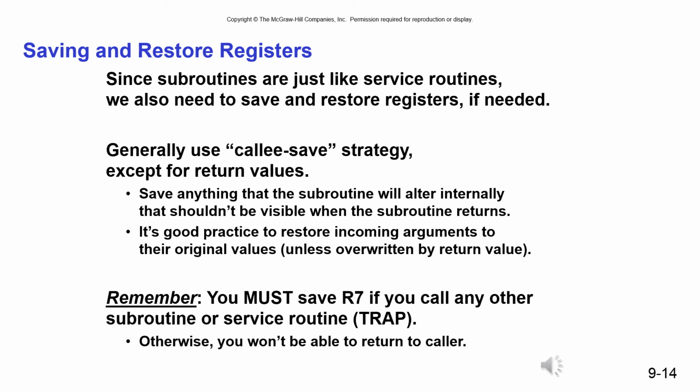And if you call any other subroutine or service routine from within your subroutine, you must save R7, okay? You must save R7 before anything else is called, any other subroutine or trap routine, and then right before the return in your subroutine, you have to restore R7. Otherwise, you will have broken the linkage back to the calling program.